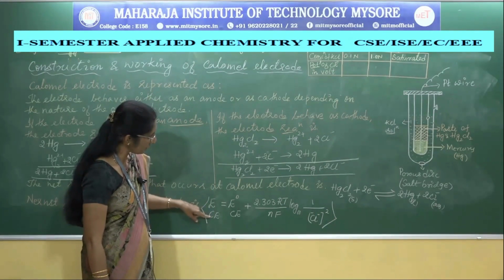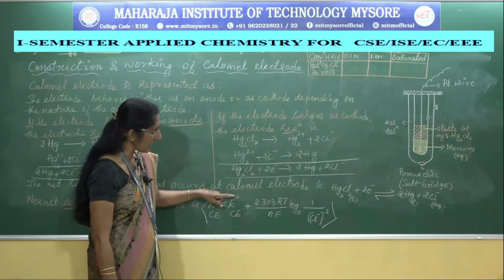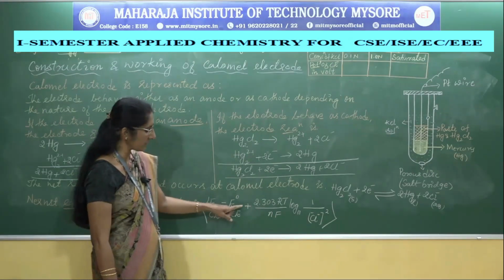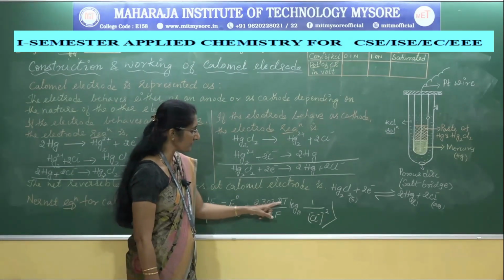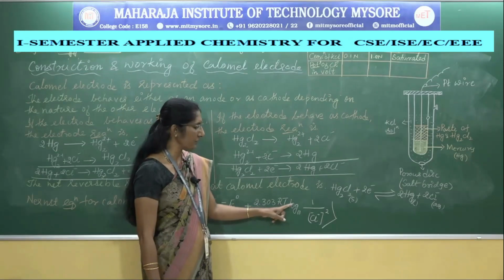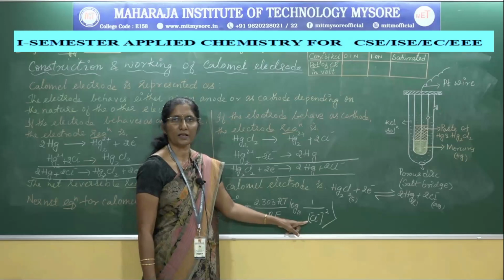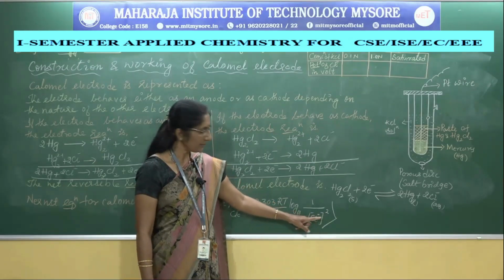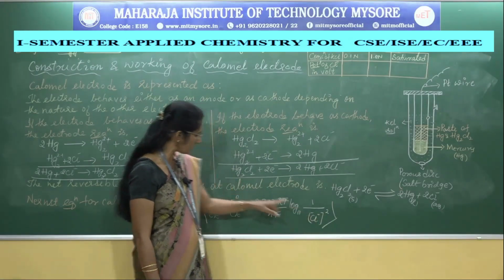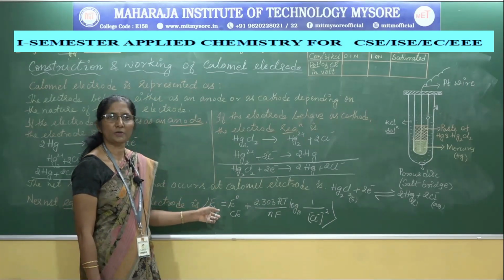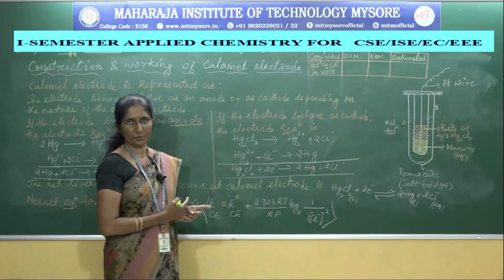That is, E calomel electrode is equal to the standard electrode potential of the calomel electrode plus 2.303 RT divided by nF log base 10 of 1 divided by the concentration of chloride ions to the power 2. Observe that the concentration of chloride and the electrode potential of calomel are inversely proportional.